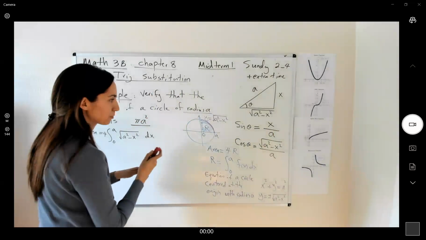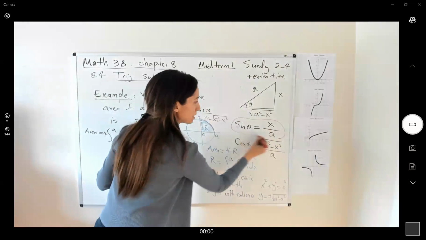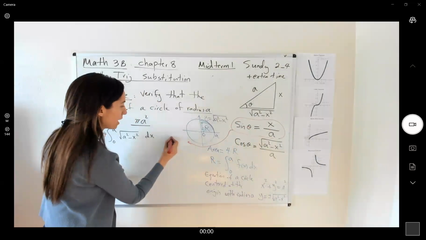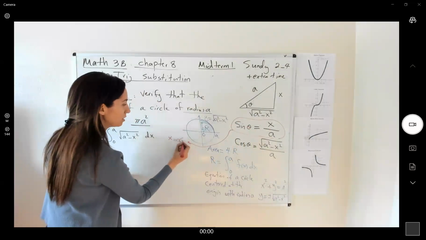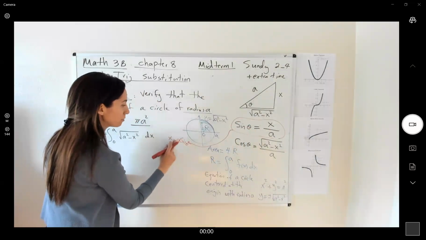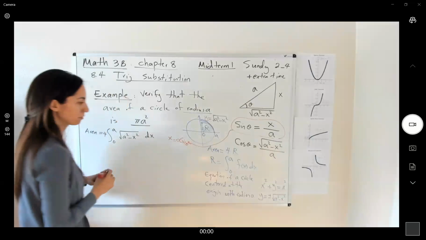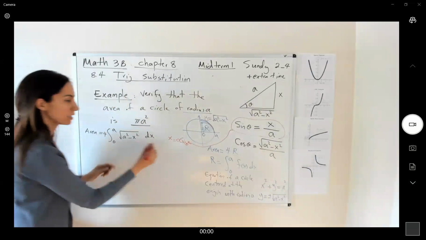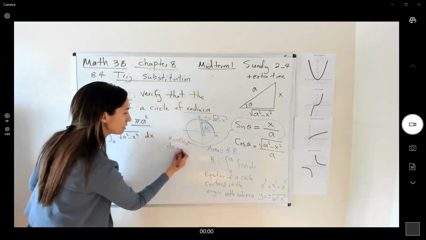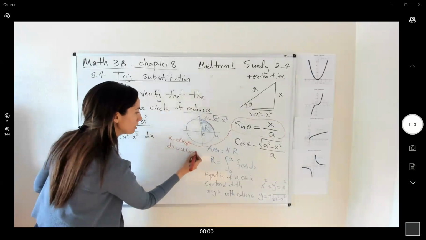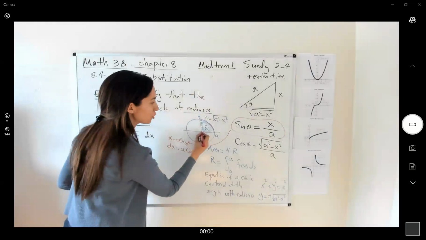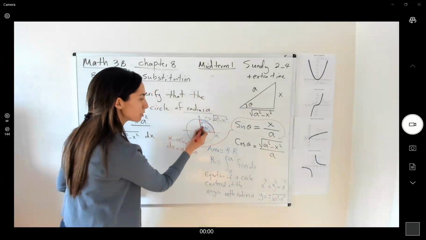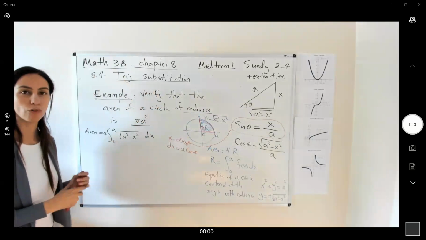Take a look at this. From this equation, you get x equals a sine theta. So wherever you see x, you write a sine theta, and dx is equal to a cosine theta d theta. And since we are taking just this portion of the circle, theta ranges between 0 and pi over 2.